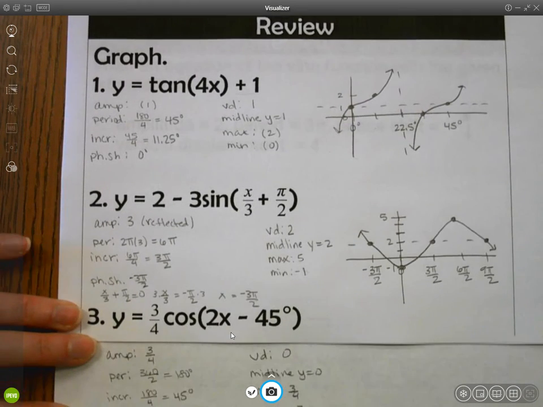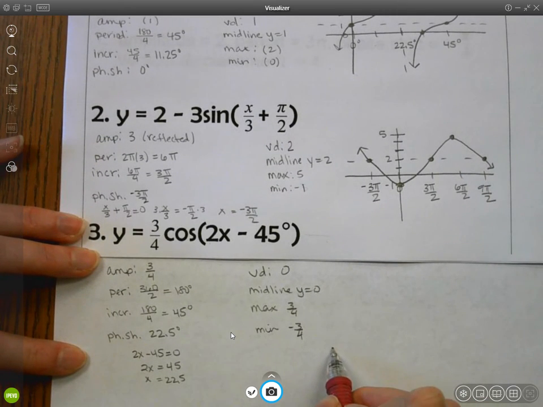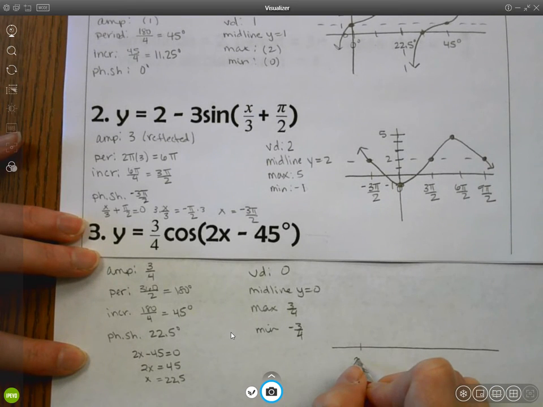You can't see anything that I just wrote. All right, so drawing our picture. We have a phase shift of 22.5. We need 4 more marks.